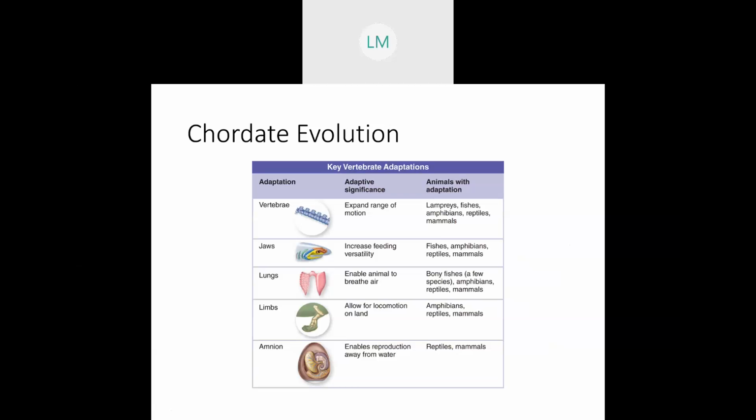We have the evolution of limbs, so this is, with lungs, allowing us to go onto land and colonize these terrestrial areas. And then we have the adaptation of the amniotic egg, which is a specific type of egg that allows us to reproduce away from the water. So we're slowly gaining these adaptations that allow us to move away from water and into terrestrial environments. So these are the vertebrate adaptations that we're going to see as we move through our roadmap.